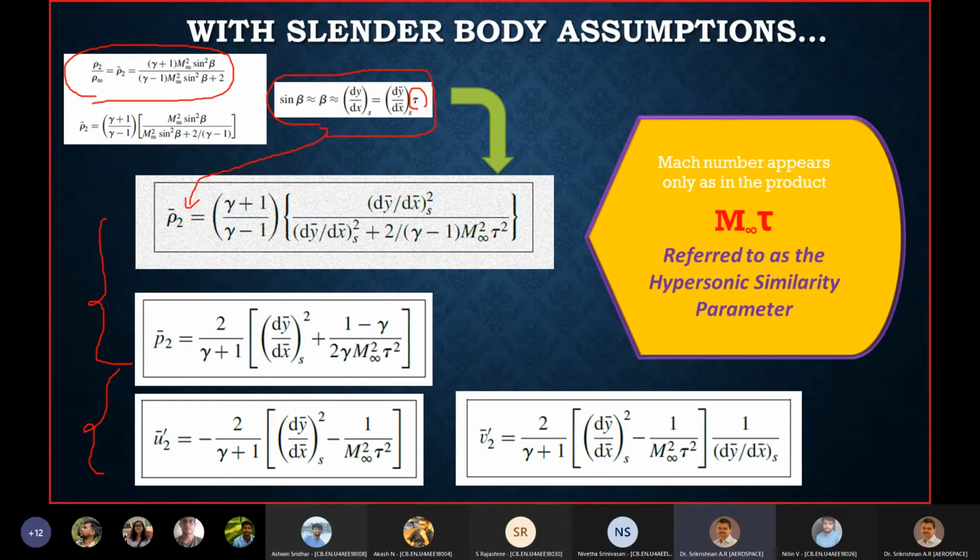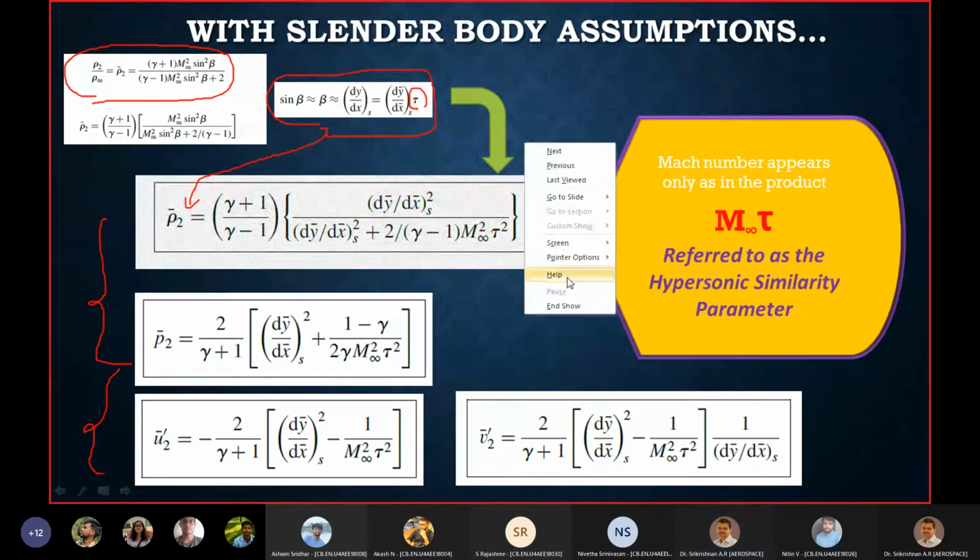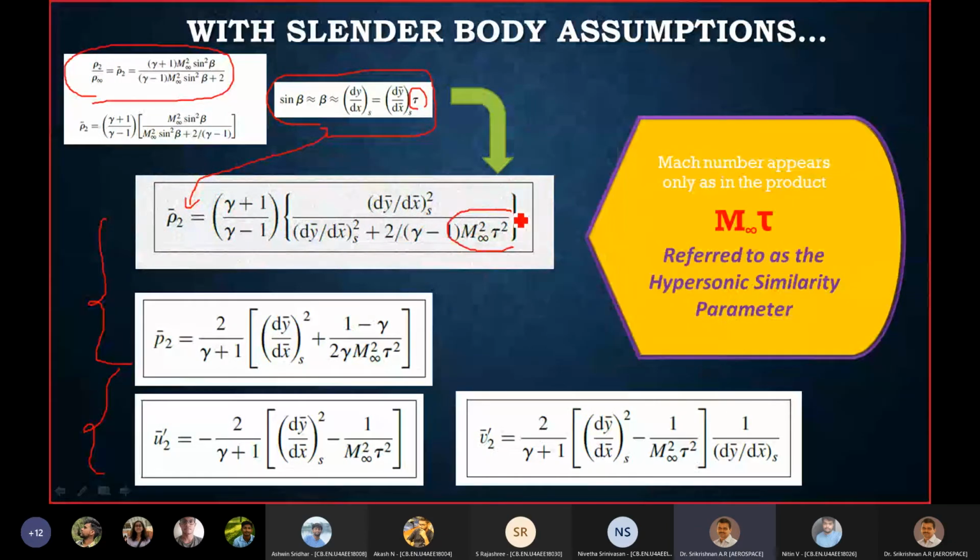For example, in rho 2 prime, you have in the denominator M infinity squared tau squared. Similarly in P2 bar, U2 prime, the perturbation of velocity, as well as the perturbation of the y velocity V2 prime. In all these, the Mach number shows up as M infinity squared tau squared.